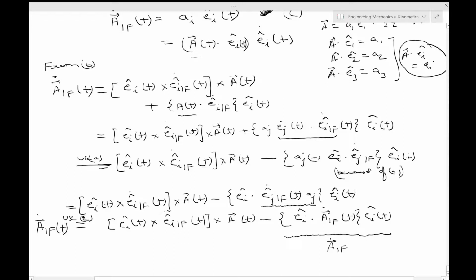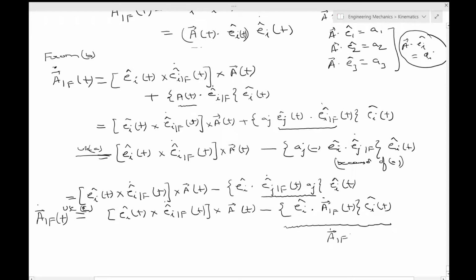Okay, and if that is true, then this A dot with respect to f will go on the left hand side, and we will have A dot with respect to f at a given time equal to half of e_i of t cross e_i of f t cross e_i of f t cross A of t.